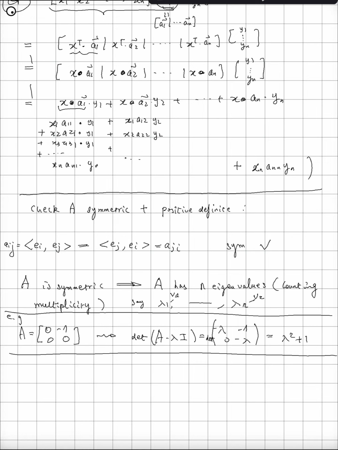Because by our definition, an eigenvalue is a lambda such that Ax equals lambda x has a non-zero solution x. Otherwise, if you don't require a non-zero solution, then 0 is always a solution.